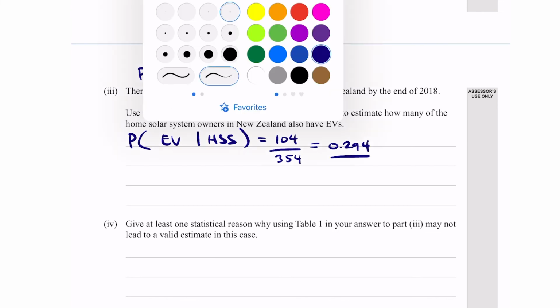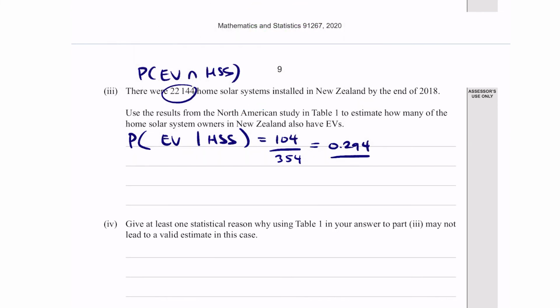Now we need to multiply this by the 22,144. So that will give us the total amount of solar system owners in New Zealand who also have EVs. So 0.294 multiplied by 22,144 is equal to 6505.58. I'm going to say we can't have 0.58 of a person, so let's get rid of that and round down. So we're saying 6505 is our answer.